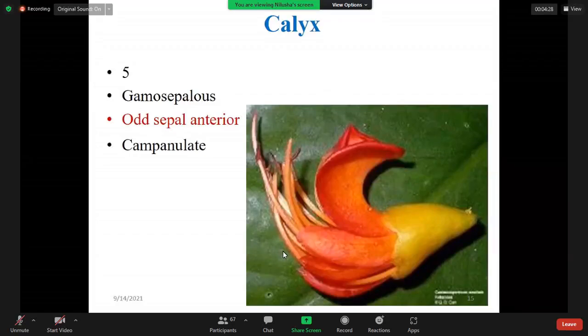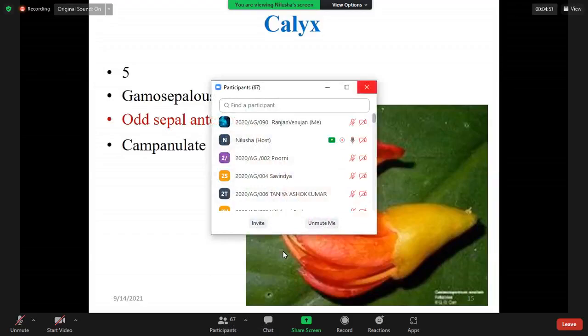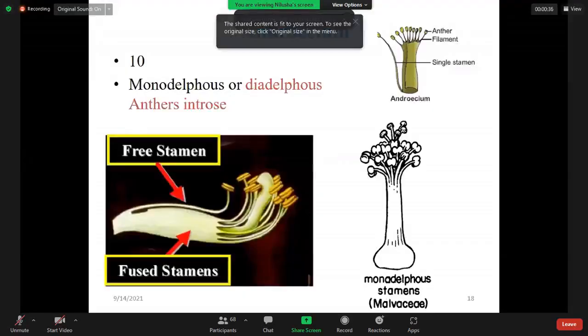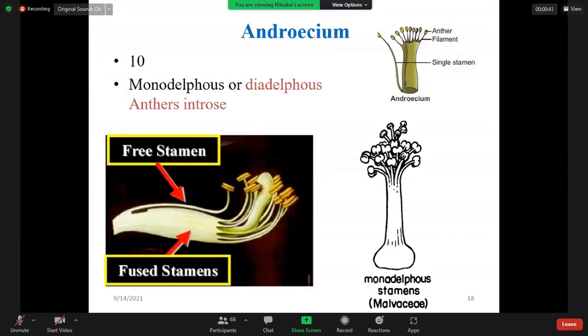Now we will see the stamen. The stamen consists of two parts, the anther and the filament.